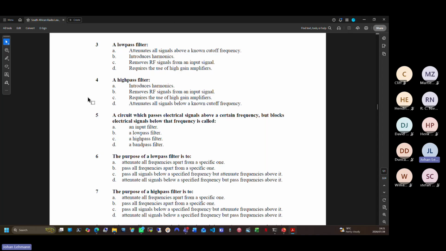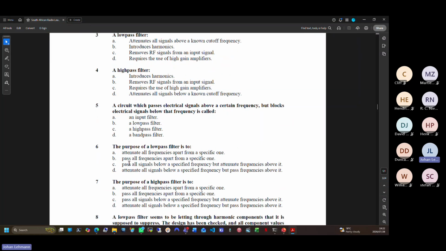If you get these questions in the paper, you can't get them wrong. A circuit which passes electrical signals above a certain frequency but blocks electrical signals below that frequency. C, high pass. Yes, a circuit which passes signals above a certain frequency but blocks signals below that frequency is a high pass filter.